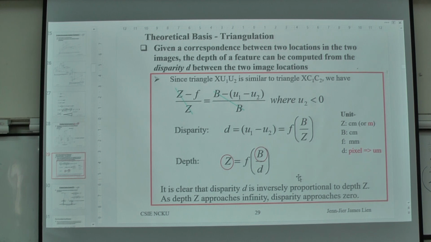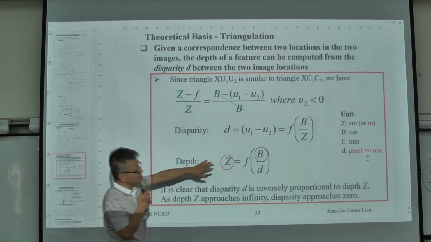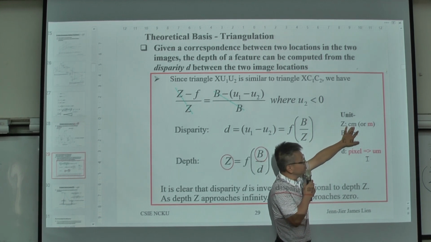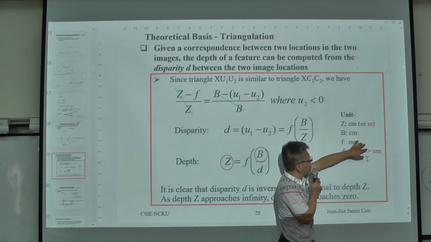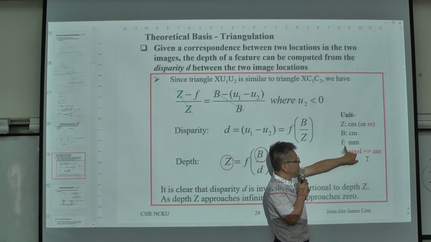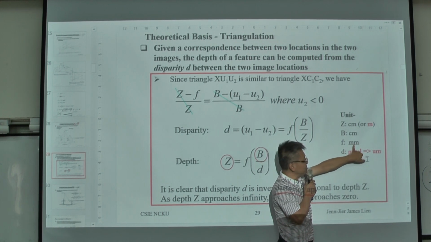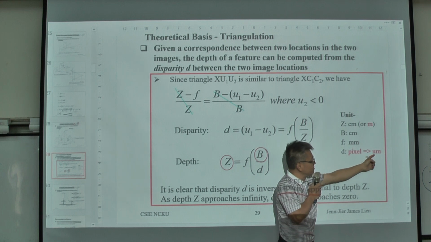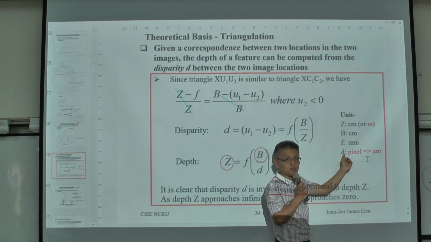这样收得到。那 the other one should be careful is this one, the unit. Z is usually centimeter, millimeter. And baseline is centimeter. Focal length is millimeter or centimeter. But this one, your display pixel.